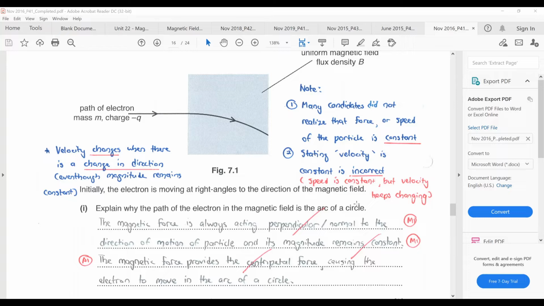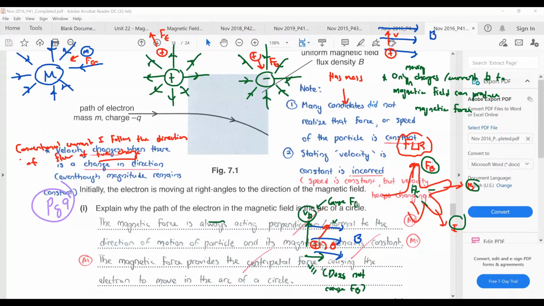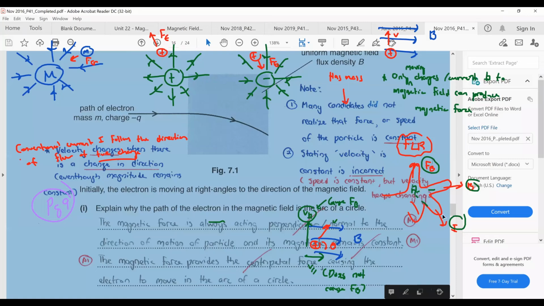Now, this part is related to what I mentioned to you just now regarding Fleming's left-hand rule. I mentioned to you that the current here actually represents the direction of motion, or direction of velocity, of your charge. So no matter how you change the direction of your velocity, the direction of your current, your magnetic force will always be perpendicular to it.